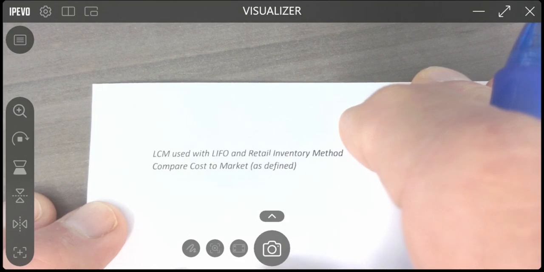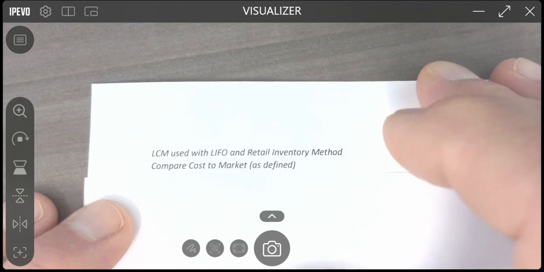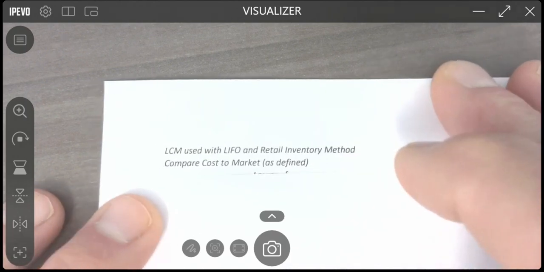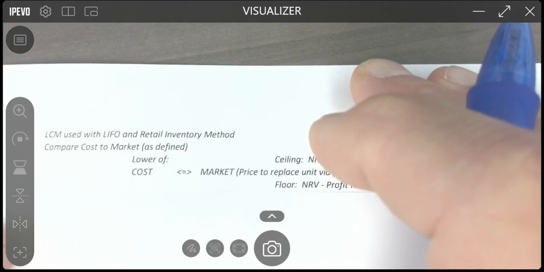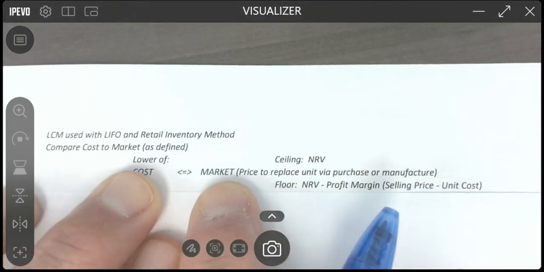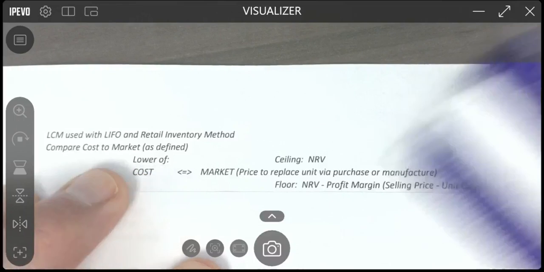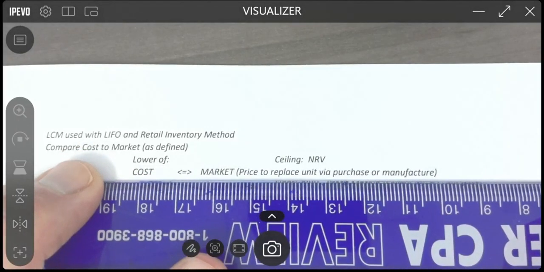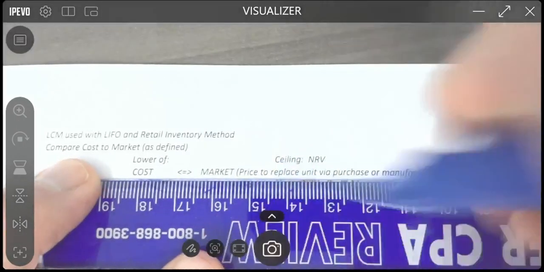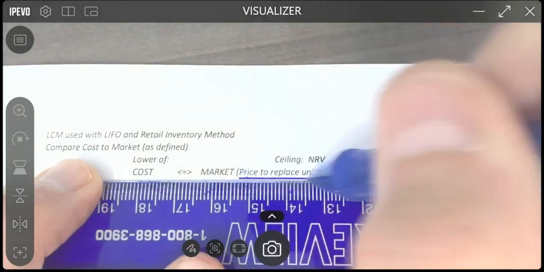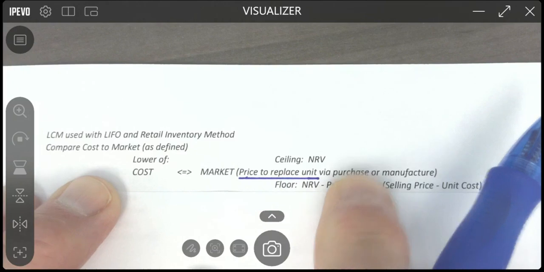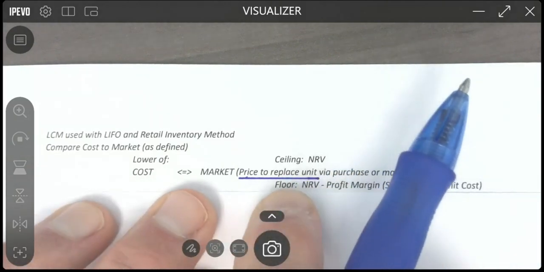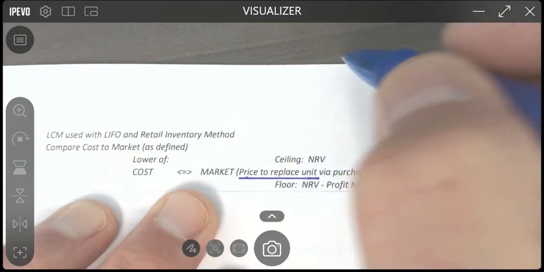And lower of cost or market compares cost to market as defined, in a rather interesting way. Let's summarize that now. It's the lower of the cost or market, which is the replacement cost, replace the unit, in this case by purchasing it from Crocs, but there is a floor and a ceiling on that market.